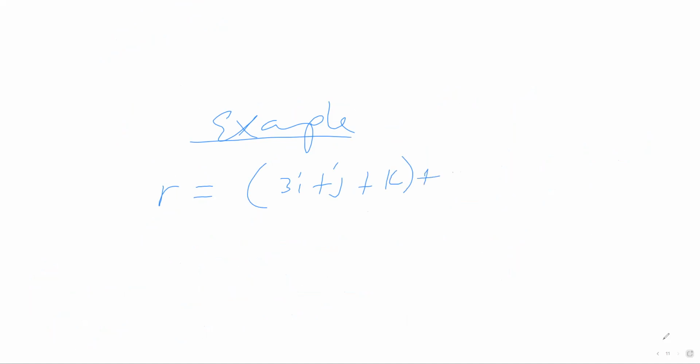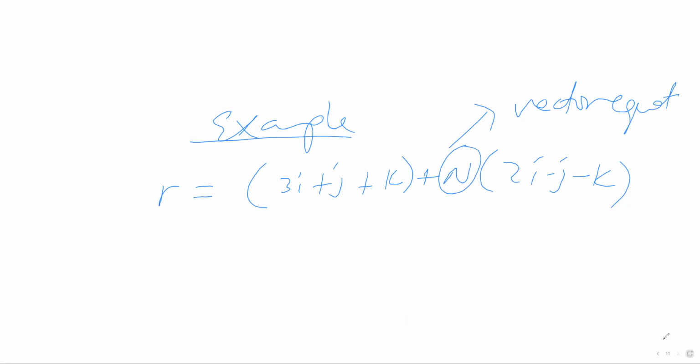Okay, there's another question that I want to demonstrate, where we have been given the equation r given by 3i plus j plus k plus mu times 2i minus j minus k. This is a vector equation, remember, except that I've not used the t there.